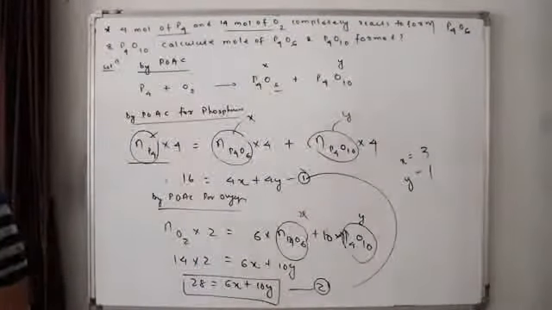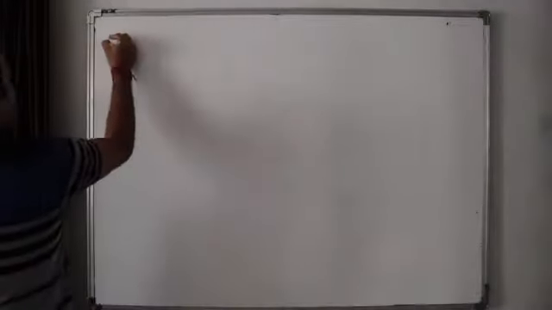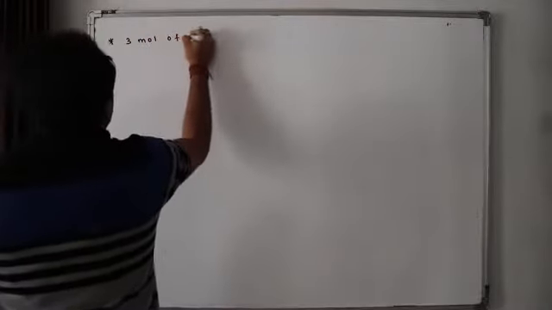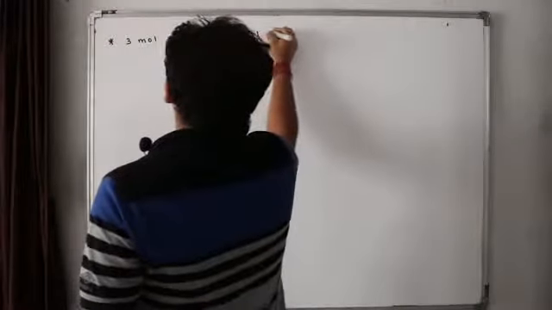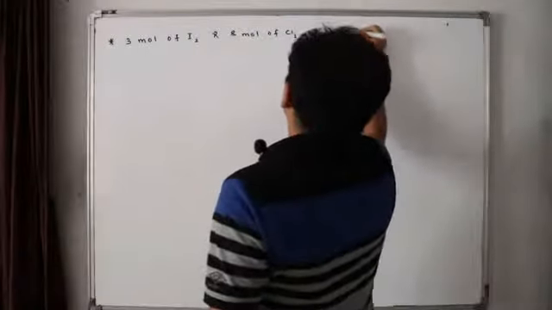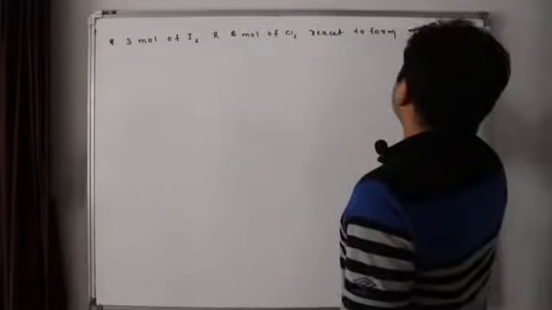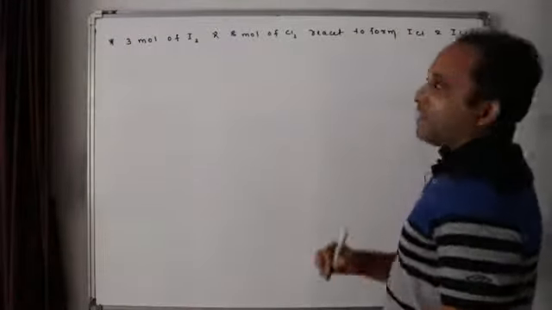Okay, check it out. Now, the next question. What is that? 3 moles of iodine and 8 moles of chlorine react to form ICl and ICl3.